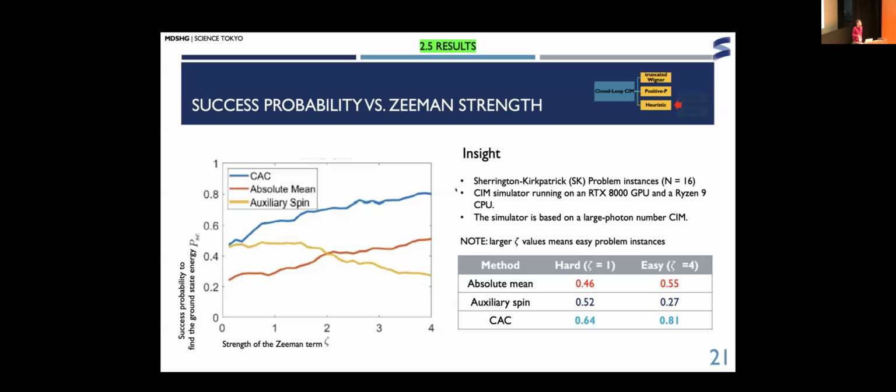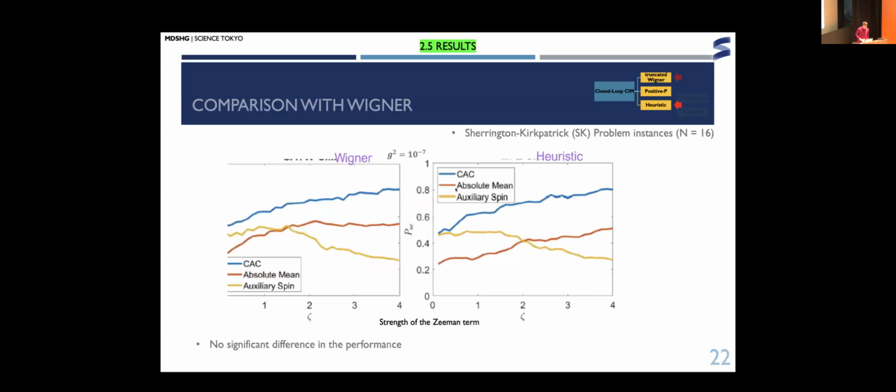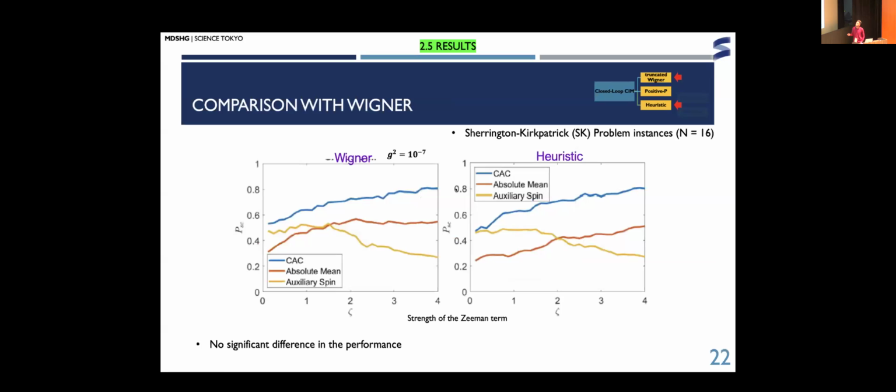Based method has the upper hand compared to the previously proposed methods. And when we compare it to the Wigner model and the heuristic model, the results are quite the same, but there is some kind of discrepancy in the middle.